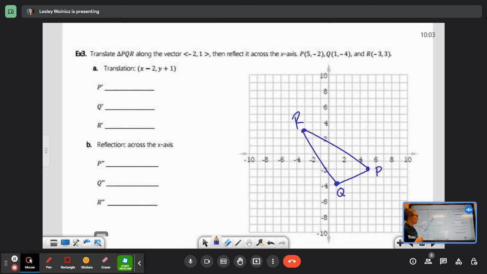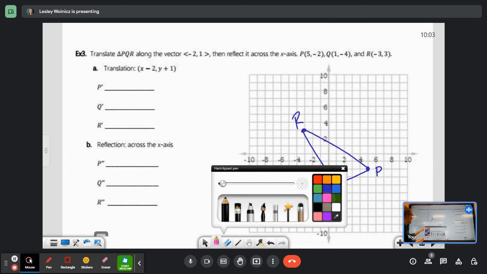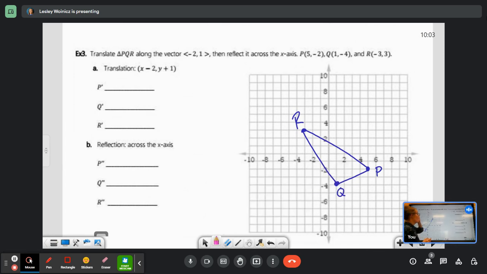Okay, so first we have to do our translation. Our translation is telling us what to do to the x's and y's. So I have to subtract 2 from all of my x's, so I'm just going to write a -2 under all of these.